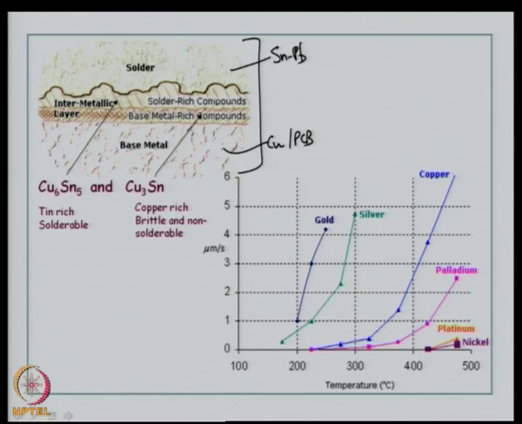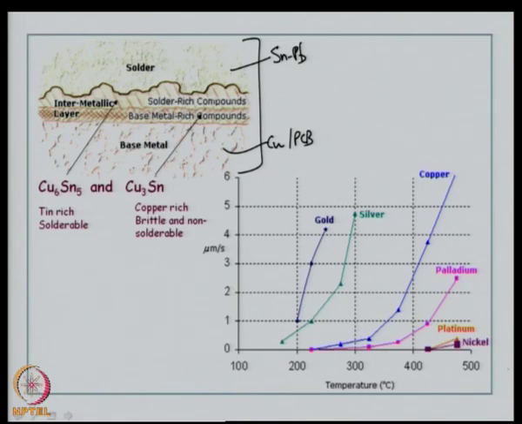So, initially there will be a particular phase or a composition or a compound, and if the board has been used for a longer time, and if you analyze the layer thicknesses, there will be a difference in the thicknesses. That is because the intermetallic growth phenomenon is continuous, and if it is subject to higher temperatures, the growth rate is very high.